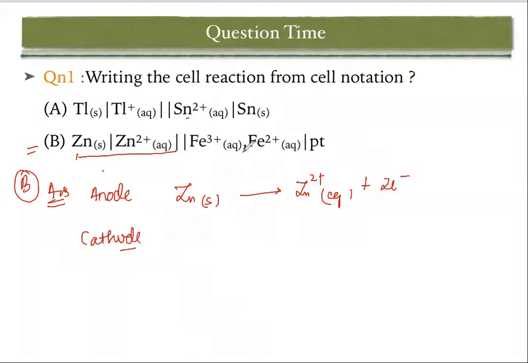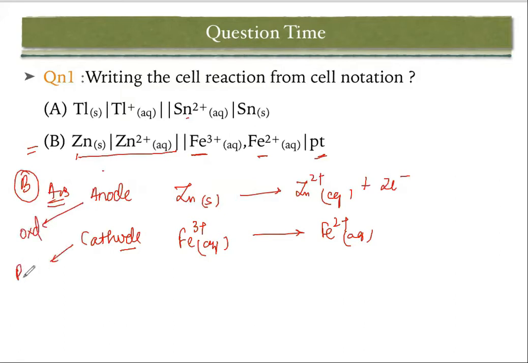Now you see, here is the important trick: platinum doesn't involve in the chemical reaction. It is just acting as an inert electrode. So what is the reaction here? The reaction will be Fe3+ to Fe2+. Now you can ask me, sir, how do you know it is Fe3+ to Fe2+? The answer is, as we saw, here in the anode, the oxidation reaction will take place, right?